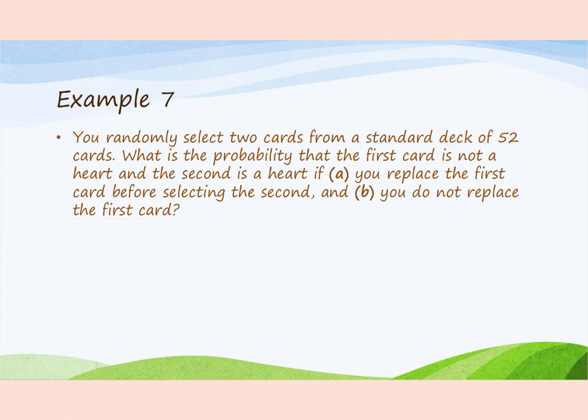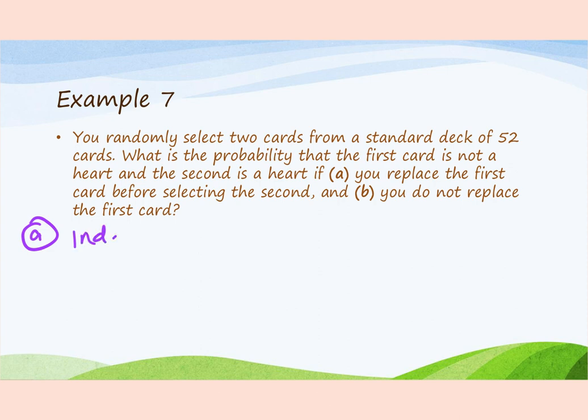All right, example 7, you randomly select 2 cards from a standard deck of 52 cards. What's the probability that the first card is not a heart and the second card is a heart if A, you replace the first card, B, you do not replace? So for A, you replace it, independent or dependent? Independent.